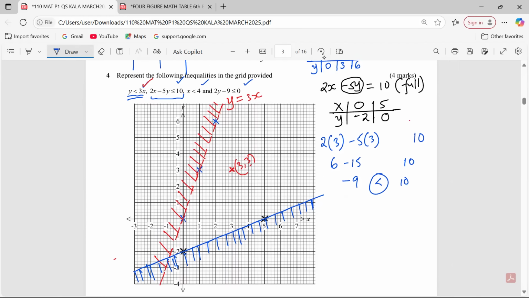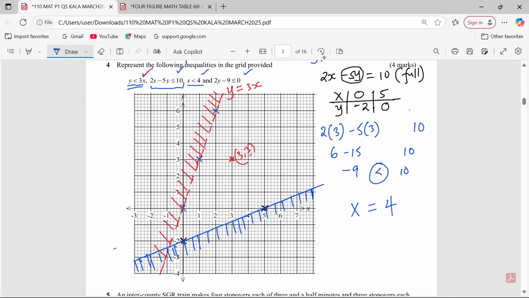We have another borderline, which is going to represent x less than 4. x less than 4 will be represented by x equals 4. And because of the nature of the inequality sign, this is going to be a dotted line.